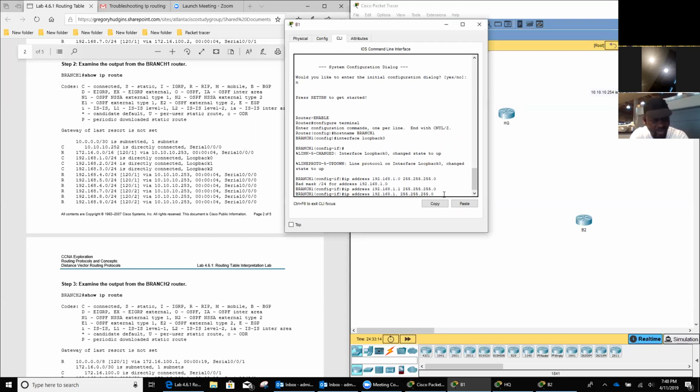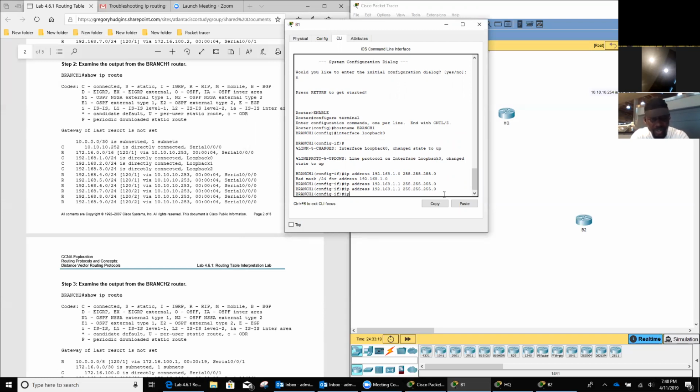1.2.1. So loopback is the next one up. Wait a minute, you've got to do the next loopback. You have to type loopback number 1. You're right, I'm trying to go too fast.